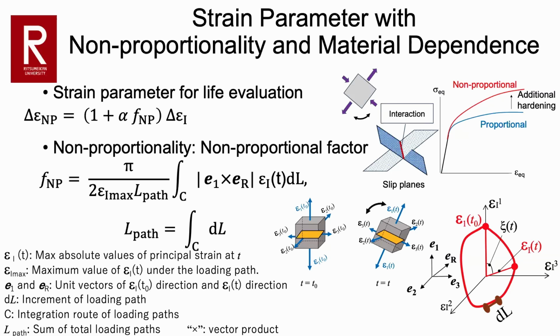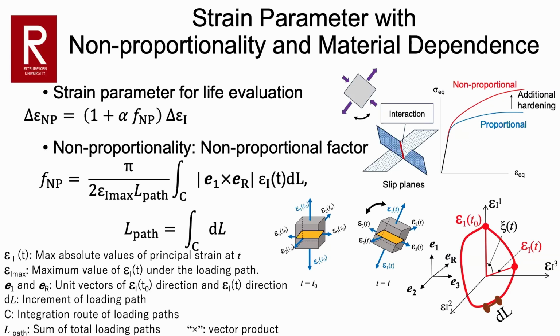So this one, the epsilon is the amplitude at time t, and epsilon 1 is the unit normal vector for the reference plane, the so-called critical plane. And this is the epsilon 1. And the epsilon r changes due to the direction change of the principal stress and strain.